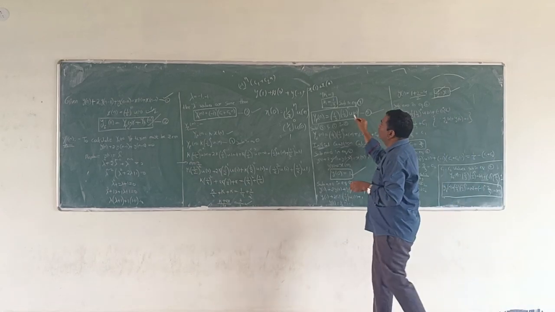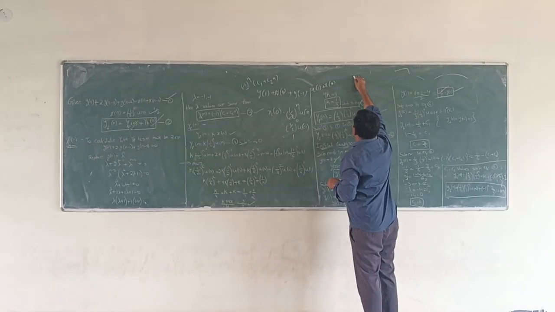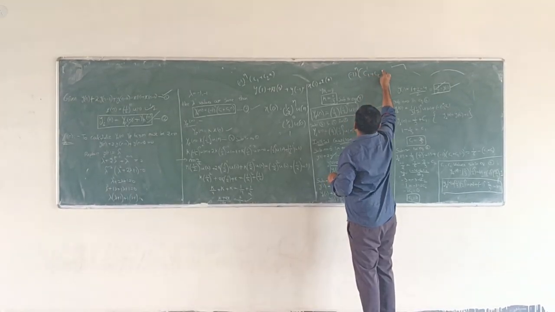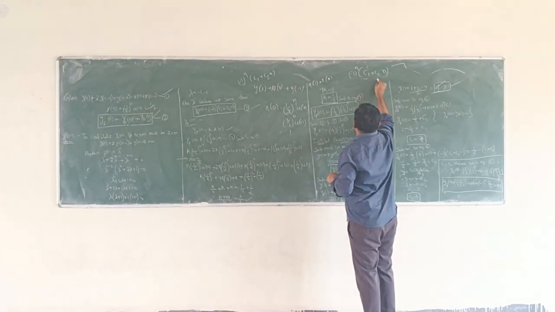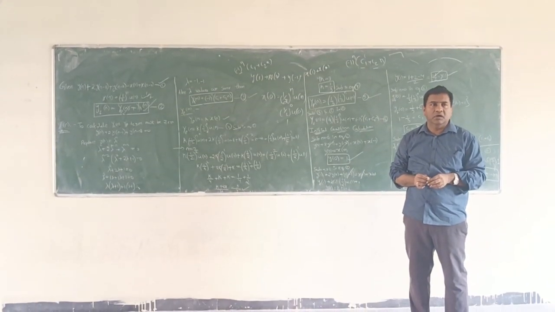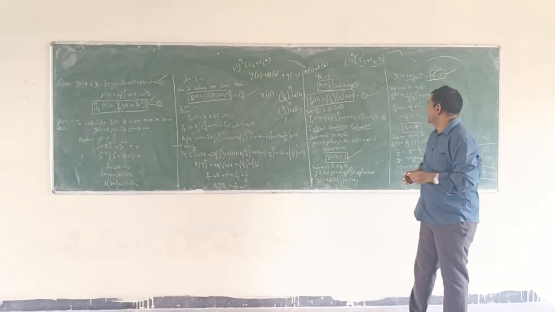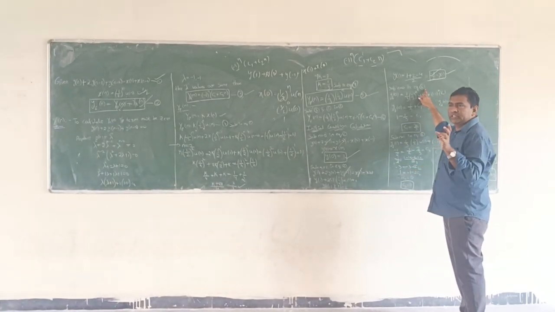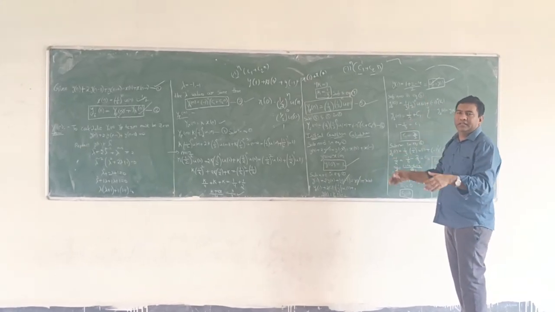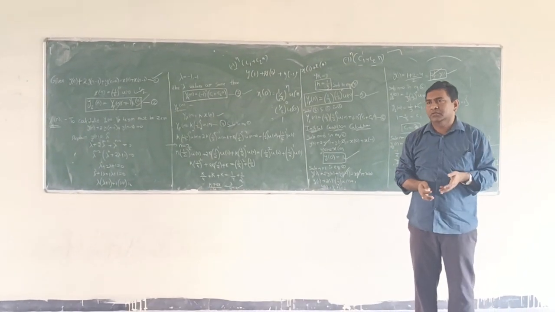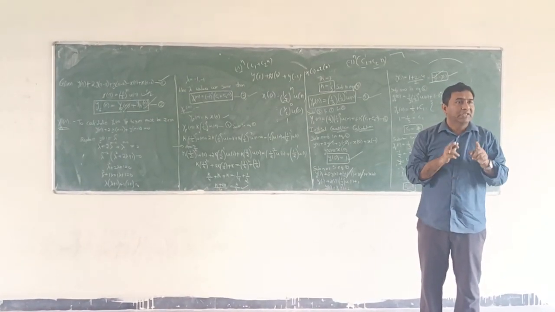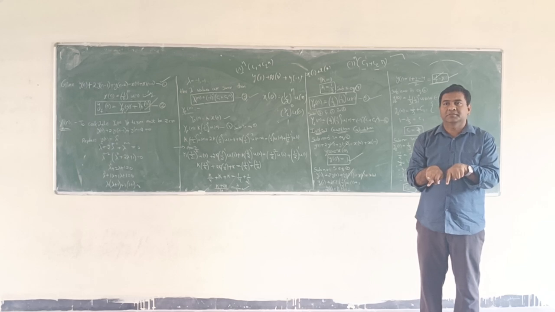Actually, what is the equation now? Lambda to the power of n into c1 plus c2 n. So we have to calculate the coefficients c1 and c2 here. Now how to calculate? Please remember that in order to calculate the coefficients c1 and c2, just replace n equal to 0 or any other values like n equal to 1, n equal to 2, n equal to minus 1, n equal to minus 2 in equation 6.